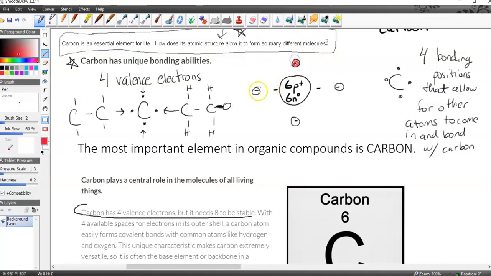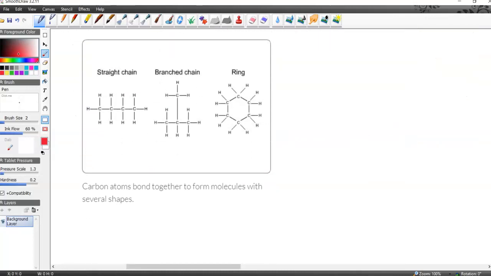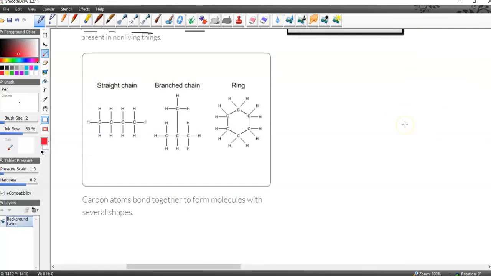I'll show you again. It's got 1, 2, 3, 4 valence electrons. Because it has those 4 valence electrons, other atoms can come in and bond at those spaces right there. And if we have other atoms come in and bond, you can form these really amazing structures. Carbon atoms bond together to form molecules with several shapes. You can see carbon, carbon, carbon, carbon, and then all of those carbons have hydrogens attached to them. So this is a straight chain carbon.